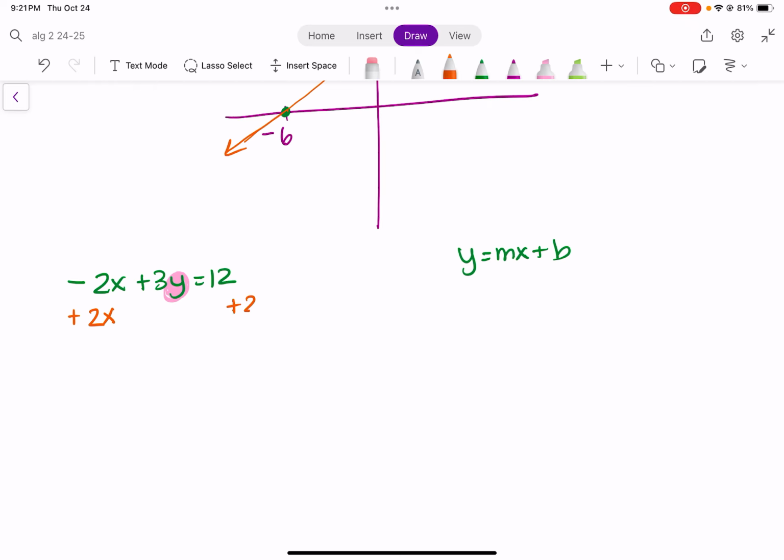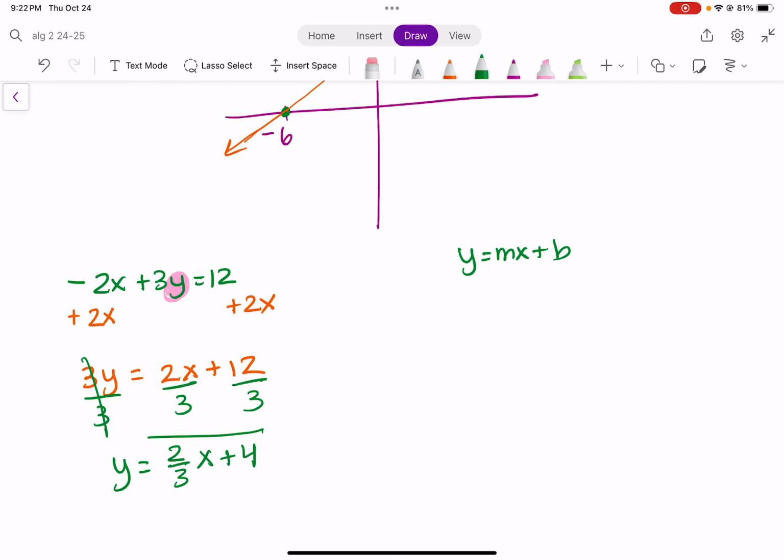I'm going to add 2x on both sides, so I have 3y equals 2x plus 12, because I want the x first. Then I'm going to divide everything by 3, so y equals 2/3 x plus 4. That's how you can change it into slope-intercept form.